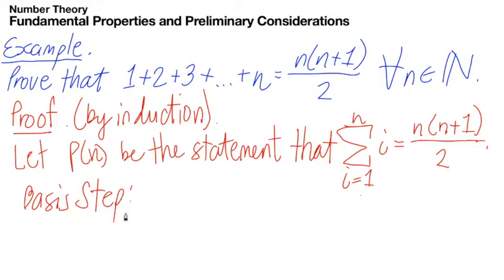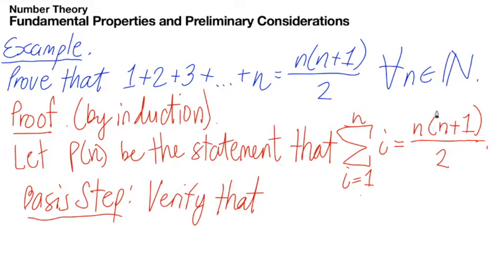For the basis step, let's verify that p sub 1 is true. In our statement above, it should be p of n sub 0 is true. That's our first term. Here our first term is 1, so we will verify that p sub 1 is indeed true.